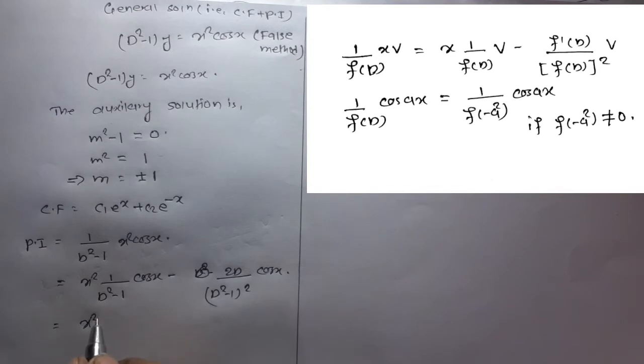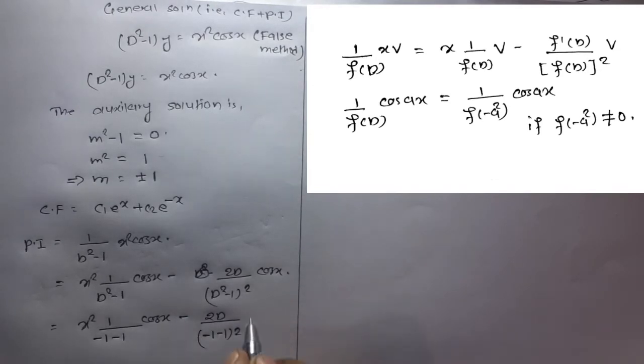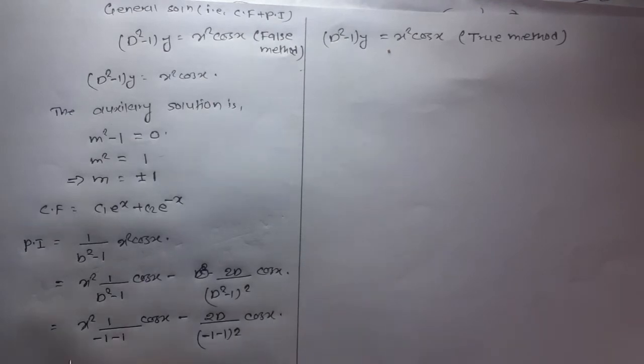So this is x²/(−1 − 1) cos x − 2D/(−1 − 1)² cos x.